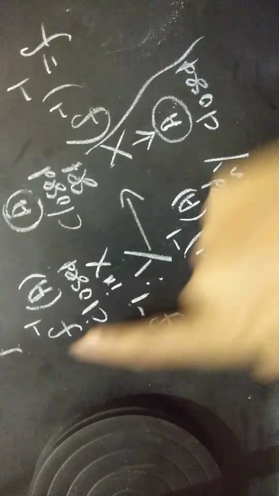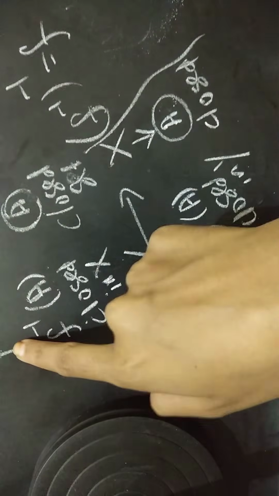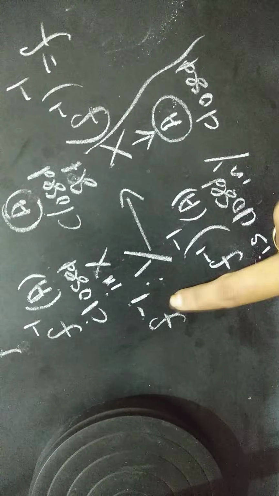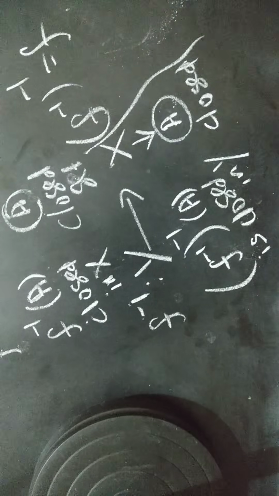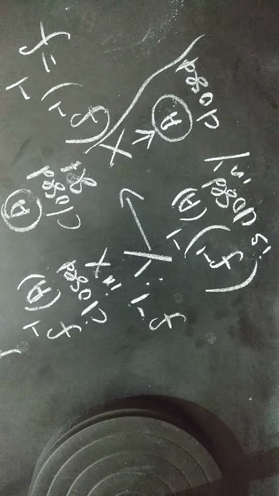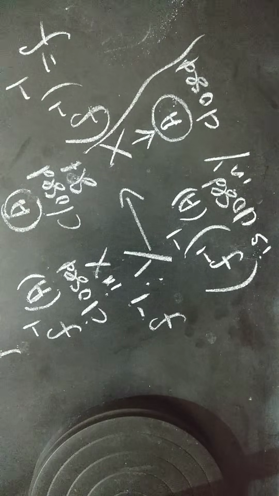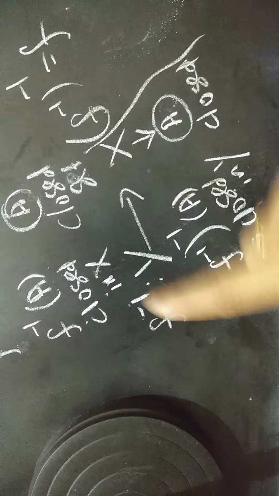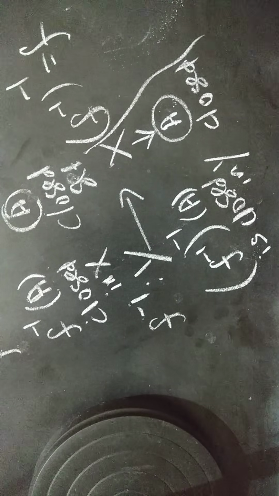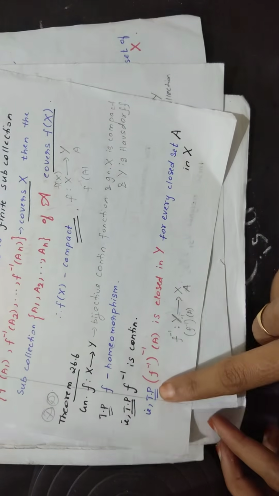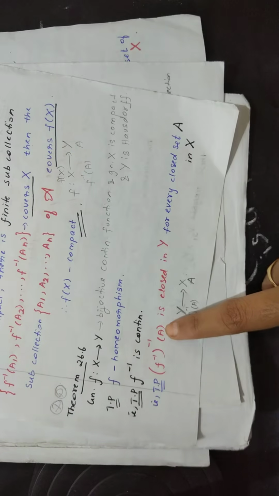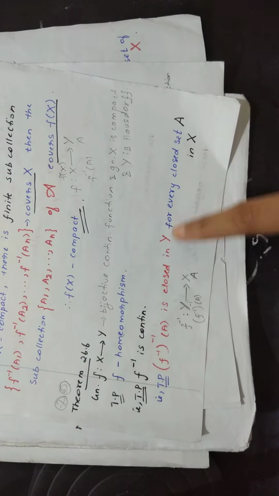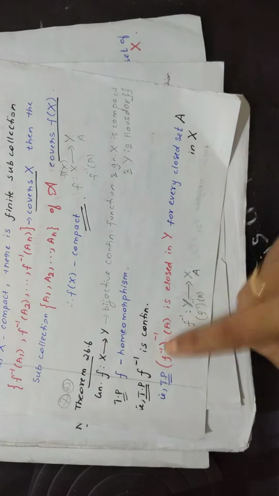This is the condition you have to prove to say f inverse is continuous. Here we don't need to prove f is continuous, because in the statement they have already given that f is continuous. You just need to prove f inverse is continuous. Let's proceed with the proof. To prove f inverse is continuous, we prove that f inverse of A is closed in Y for every closed set A in X. I explained these things just to make it easy for you to write this sentence.